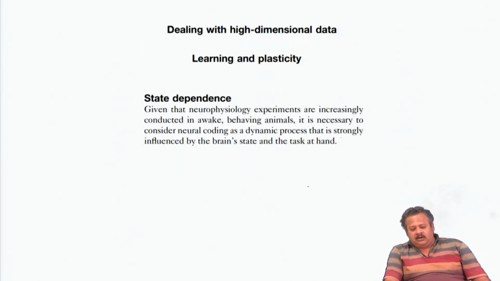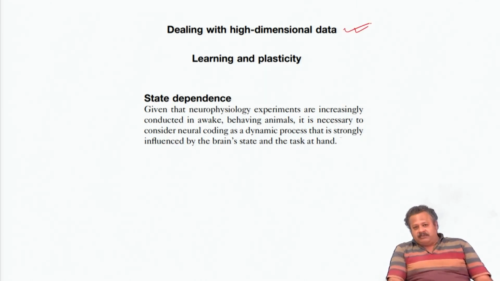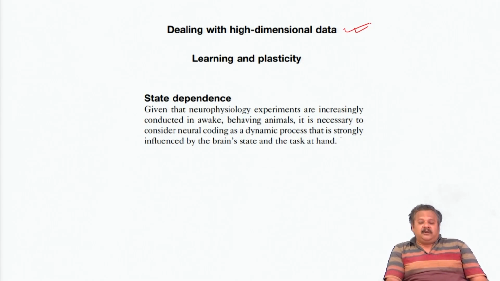Two of them we have obviously been dealing with continuously, that is, dealing with high dimensional data. There is not much to explain in terms of the importance of this topic. With more and more time, we are getting more and more advanced technologies to access the activity of neurons, or even at the synaptic level or spine level, at a very good spatial and temporal resolution.